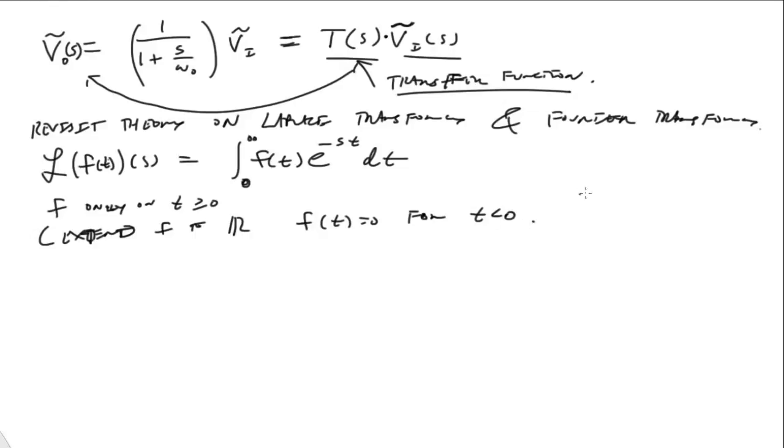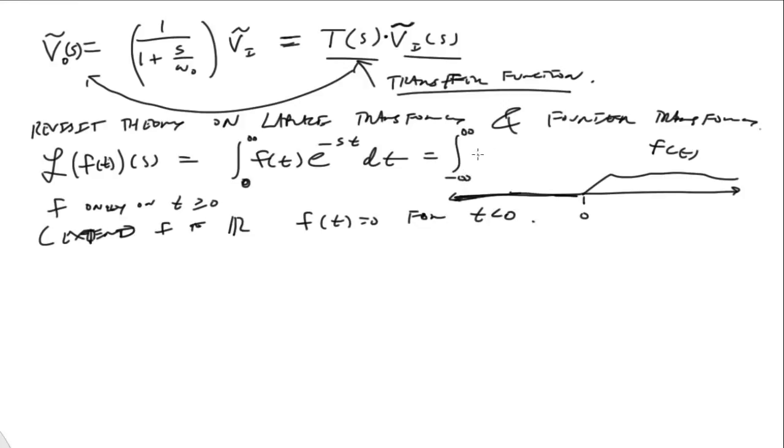So we have some signal, f of t, that starts at 0 and goes off from there, but now we'll say that f is 0 for all the negative values of t. In which case, I can then write my Laplace transform as this, without loss of anything. We're just making an expansion of how we define our Laplace transform. It does no harm at all because we've already restricted to functions that are 0 for their negative part.